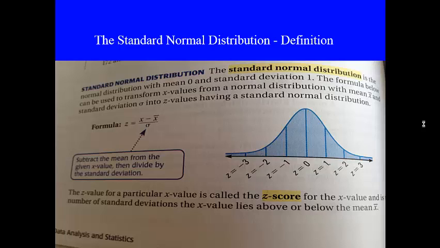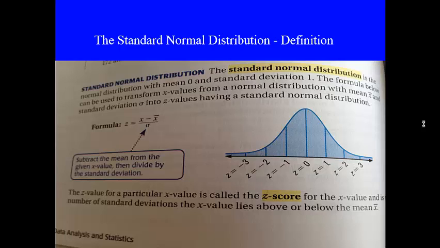And as you can see from the bell-shaped curve, z equals 0 at the middle, around the average, and when we have average plus standard deviation, that is z equal to 1, and average minus standard deviation, that is z equal to -1, and it goes on and on from the left side and the right side too.